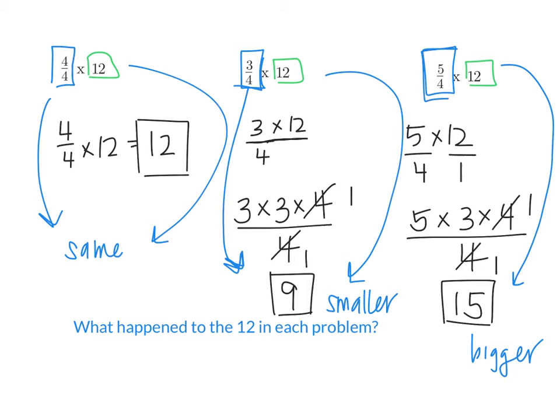This factor here, 5/4, is it bigger than 1, equal to 1, or smaller than 1? Bigger. So what was my other factor, by the way? If one factor is 5/4, what's my other factor? 12. My other factor is going to get bigger. Interesting.